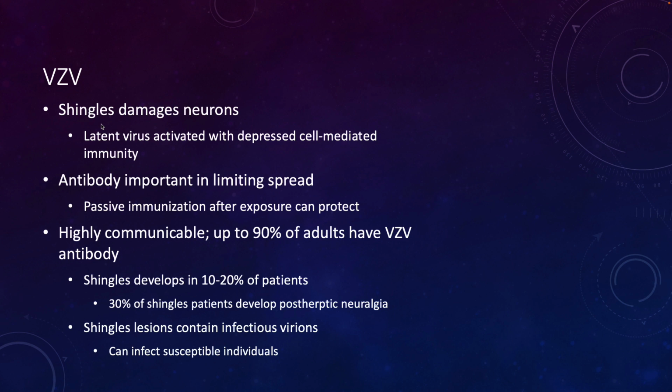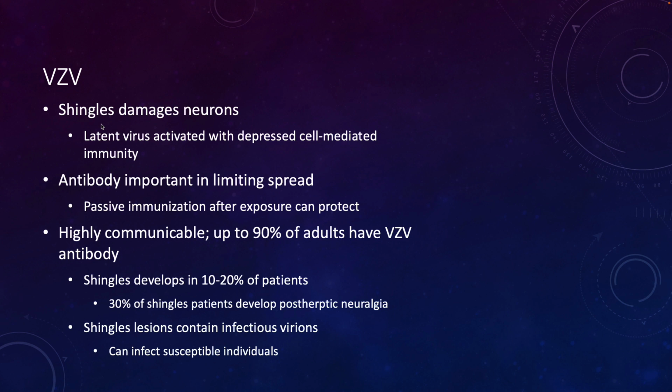It's estimated that up to 90% of adults have antibodies against varicella zoster virus. If you're talking about people my age, it's because we all had chickenpox when we were kids. If you're talking about people born, the vaccine was introduced in like 1995.